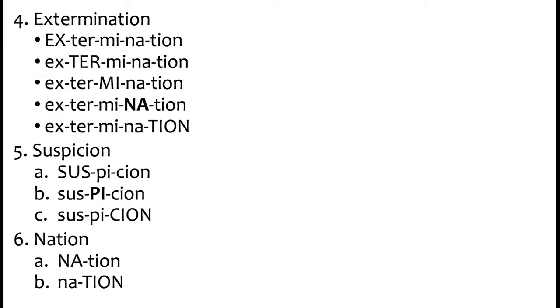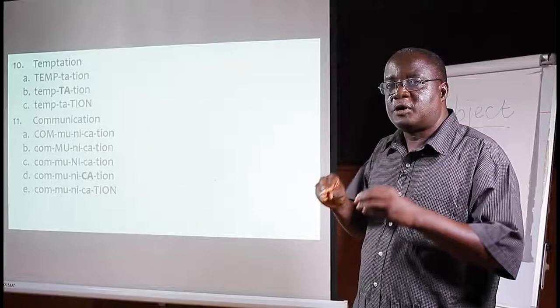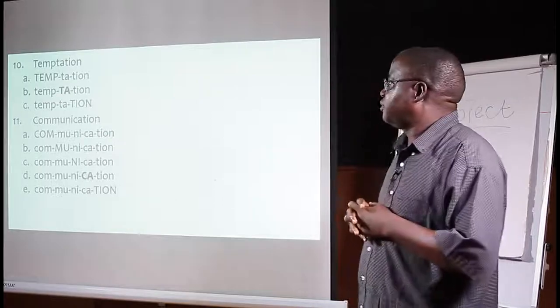The same applies for intention and contemplation, extermination and suspicion, and nation. Extension, commotion, connection, all of them are to be stressed on the syllable before the last, including temptation and communication.